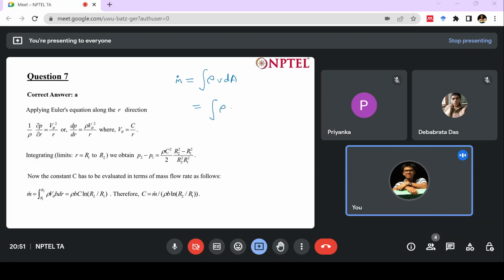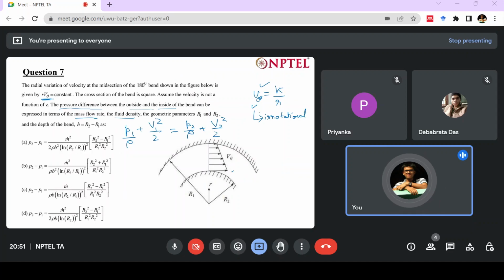So this is V theta, and V theta is some constant by r. What is dA? The height is given because this is a square cross section. It is mentioned that the cross section is square. So the height is actually R2 minus R1.